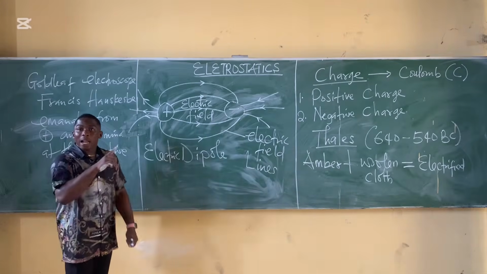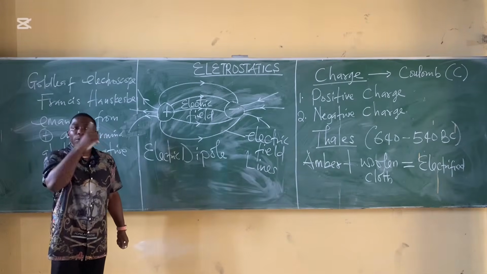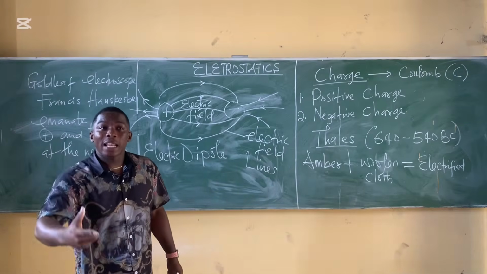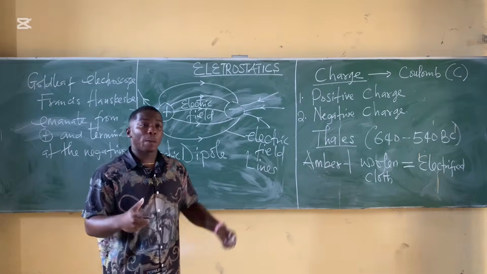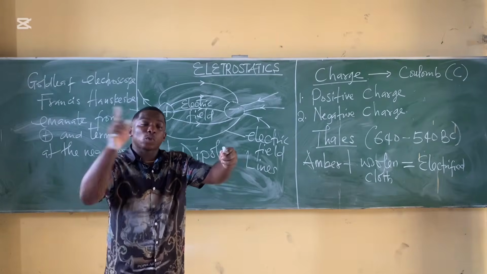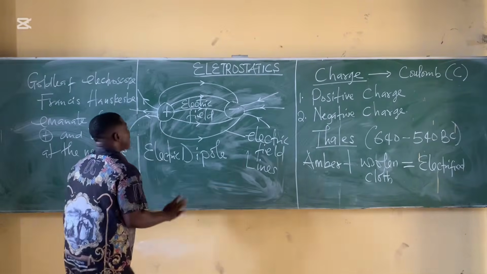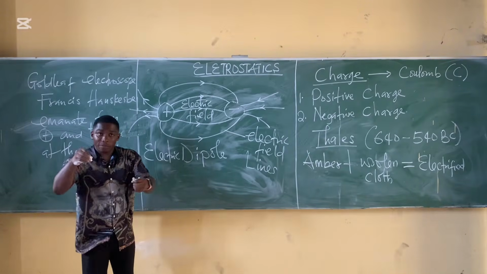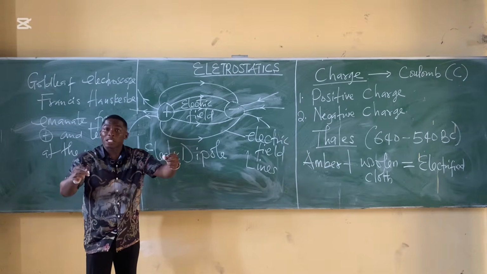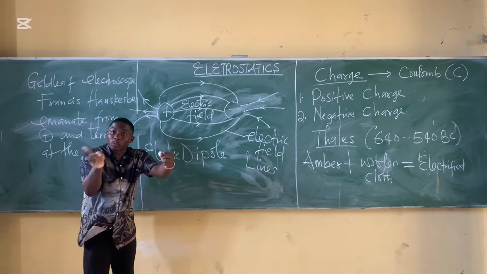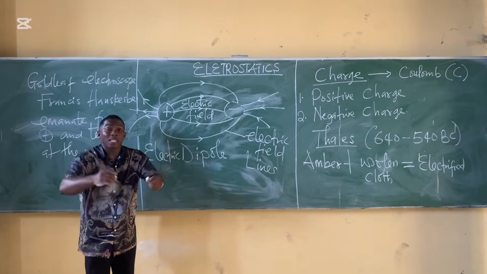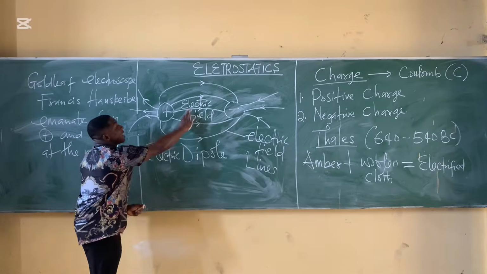Electric field lines are lines that move from the positive to negative. You cannot see them with your naked eyes. What creates these electric field lines? When you have a positive and a negative charge placed at a small distance, you have an attraction between them, and you have successfully created an electric field.